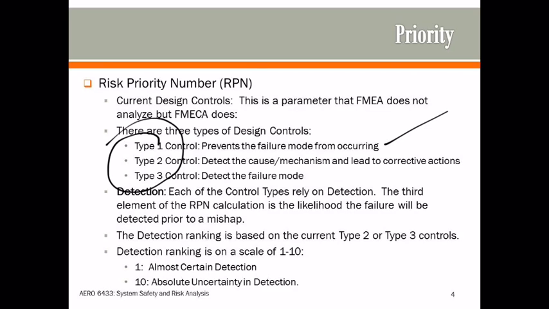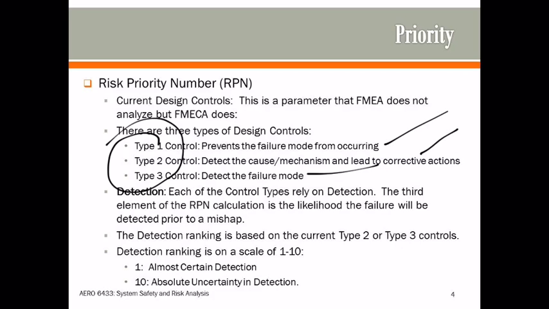So type 1 design control is a control that will prevent the failure mode from occurring. Type 2 then is a control that detects the failure mode as imminent by identifying the cause and then leads to corrective action. So type 2 control detects the problem and corrects it, leads to corrective actions. Type 3 detects the failure mode, but it doesn't do any mitigating or any corrective action.